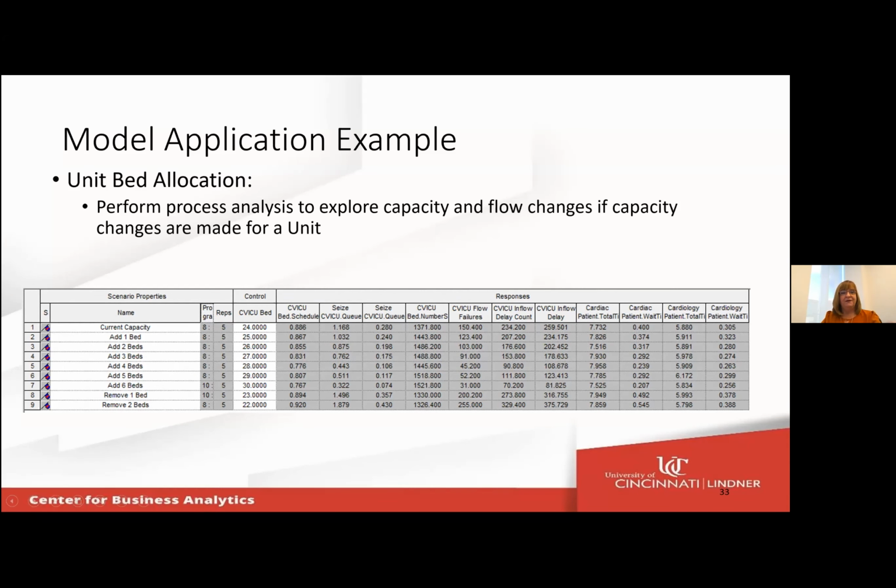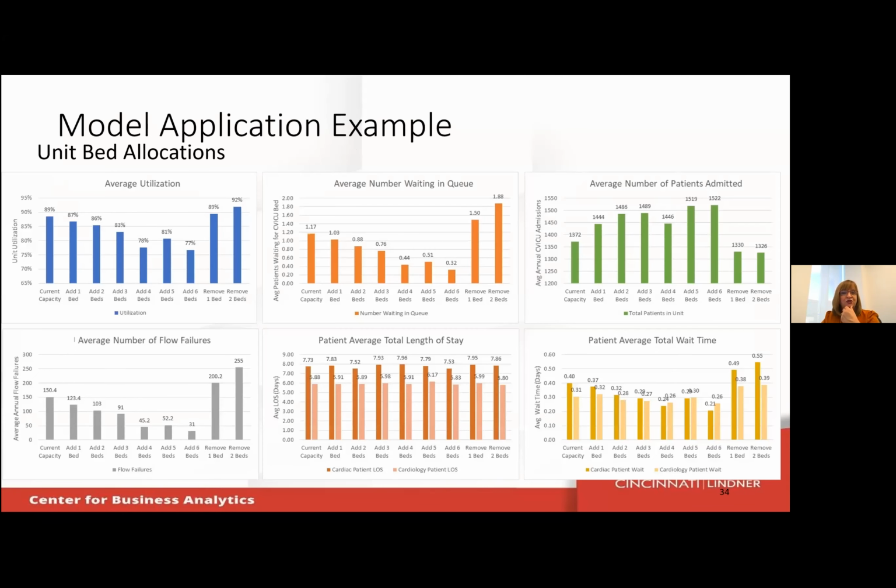This visual shows some of the key measures, what might happen if we add capacity, take away capacity, and really run simulations of each of these different things and provide you with outputs, so you can be better informed about what might happen.